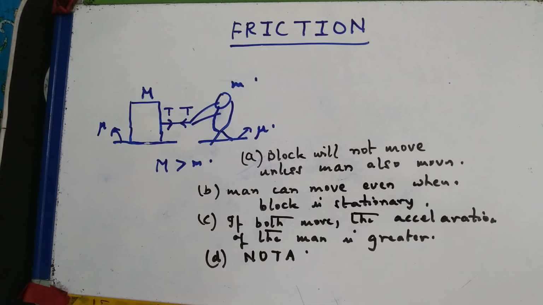Some students may not know that tension always acts opposite the direction of the pulling. You can try it at home: find a long enough string, attach it to a heavy body, like an almirah or maybe your cot, something heavier than 20, 30, 40 kilograms, and try to pull it.